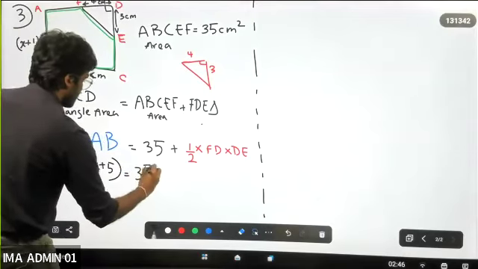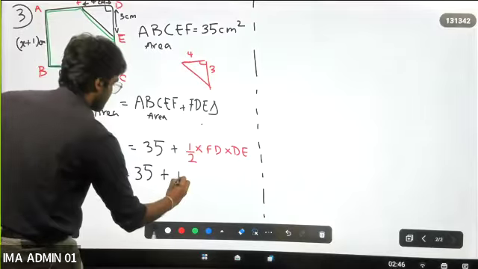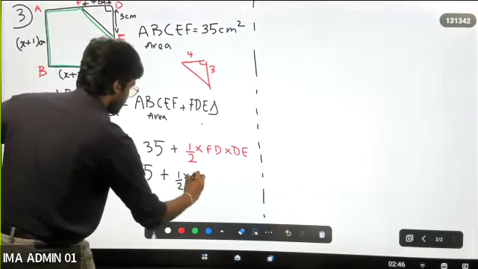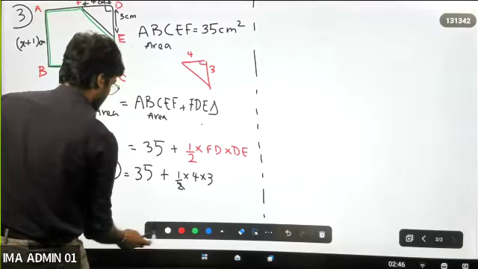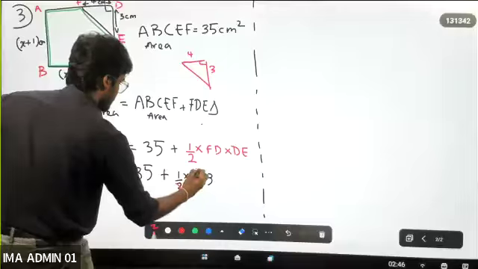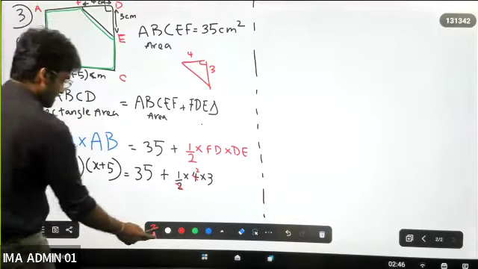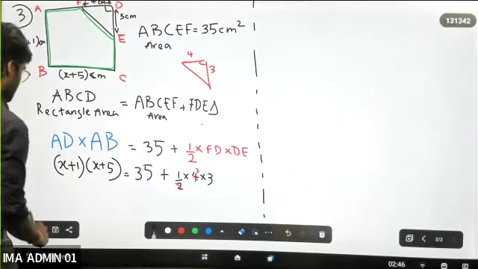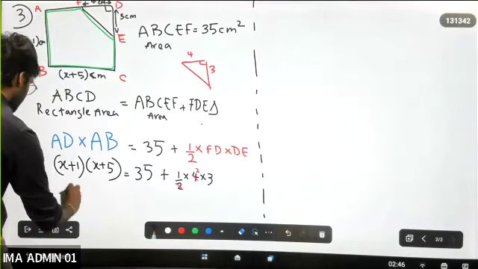Now it is simple solving. This we know is half, then FD is 4, other is 3. So here 2 and 2 get cancelled, and 2 multiplied by 3 is 6. So here also I think we could simplify this.